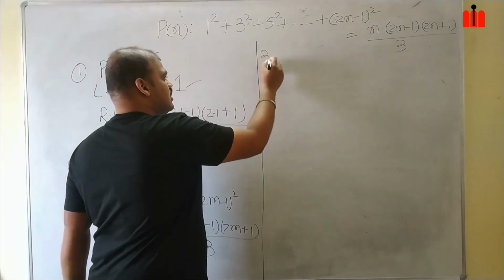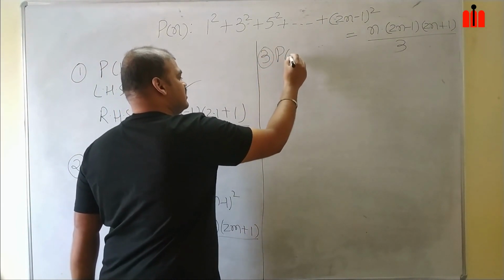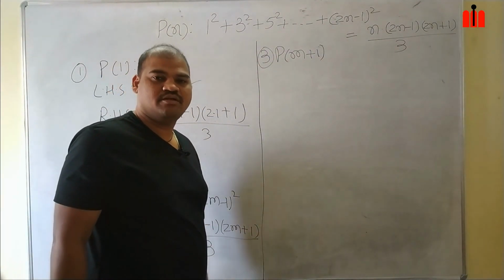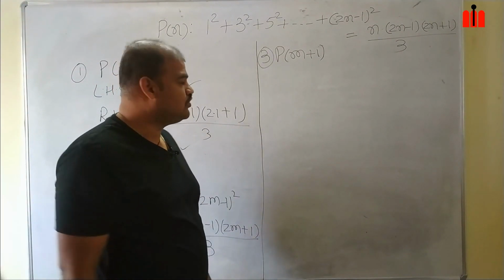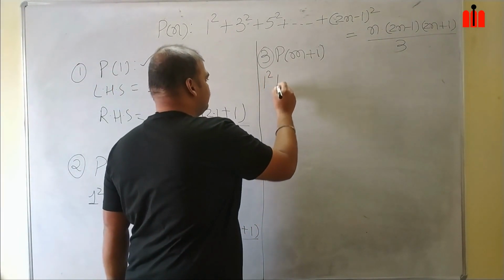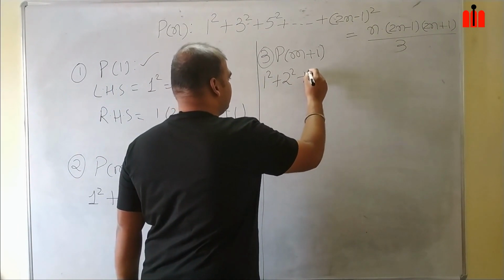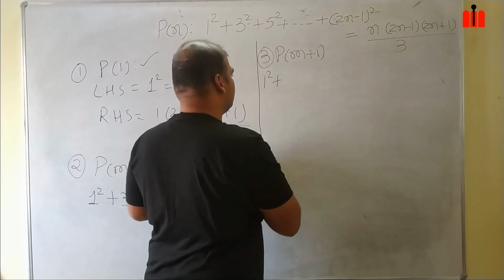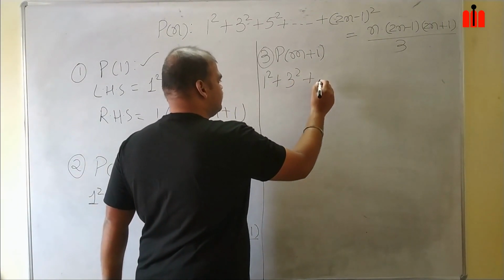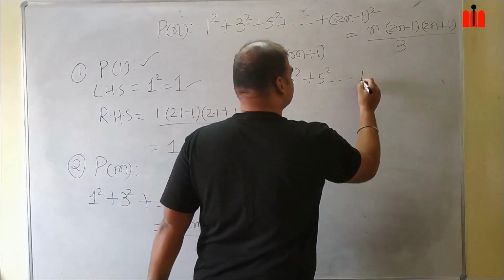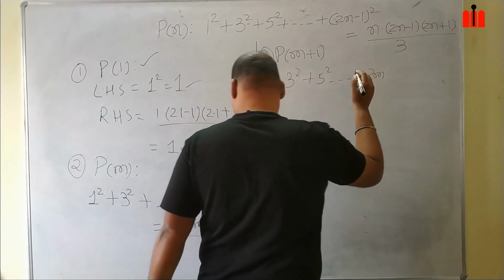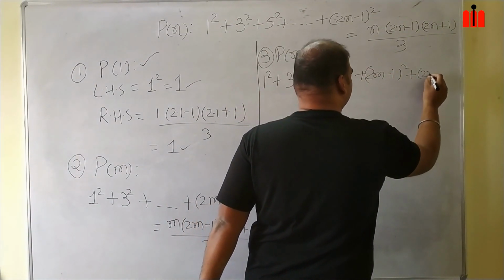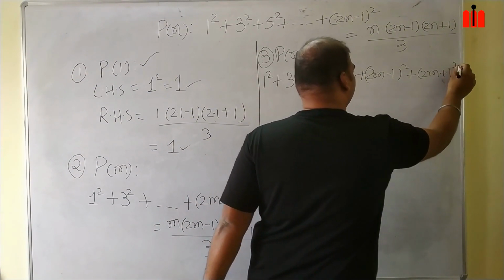Now let's go to our main step, which is our induction step. I will write my LHS now. My LHS will be 1 square plus 3 square plus 5 square, up to 2m minus 1 whole square plus 2m plus 1 whole square.